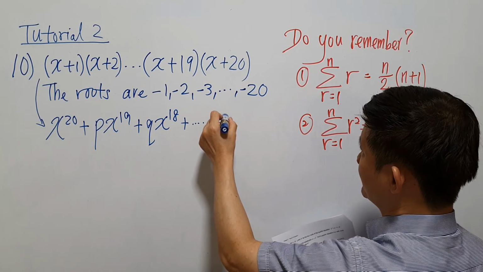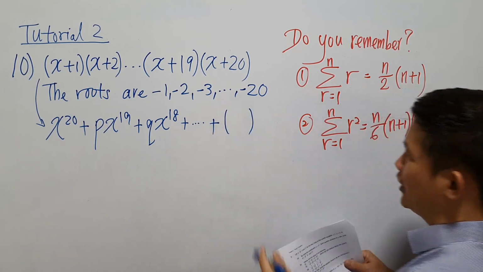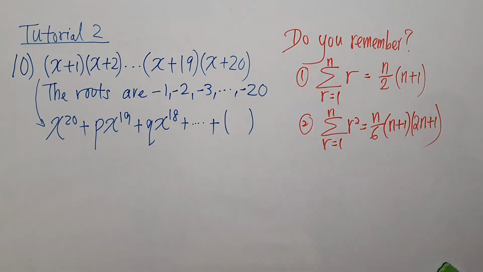If you were to expand this, the last one, which is independent of x, just a pure number, what do you think is the number?